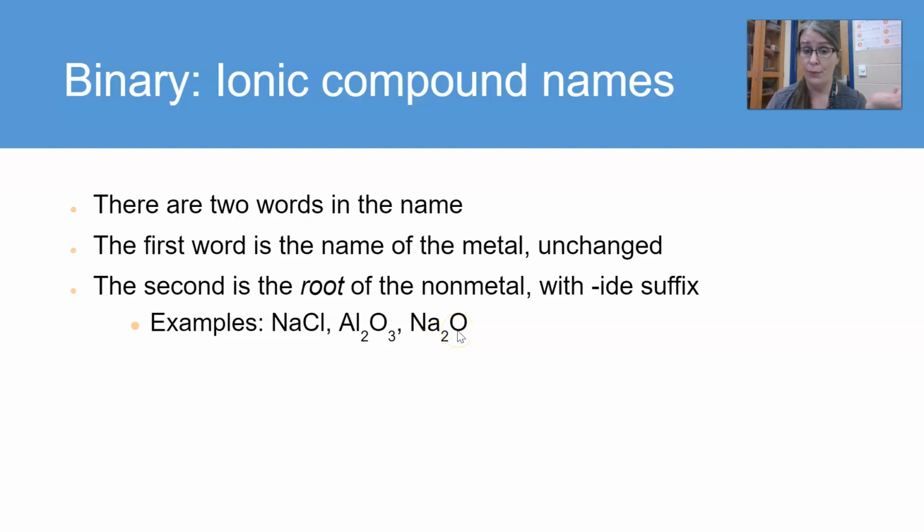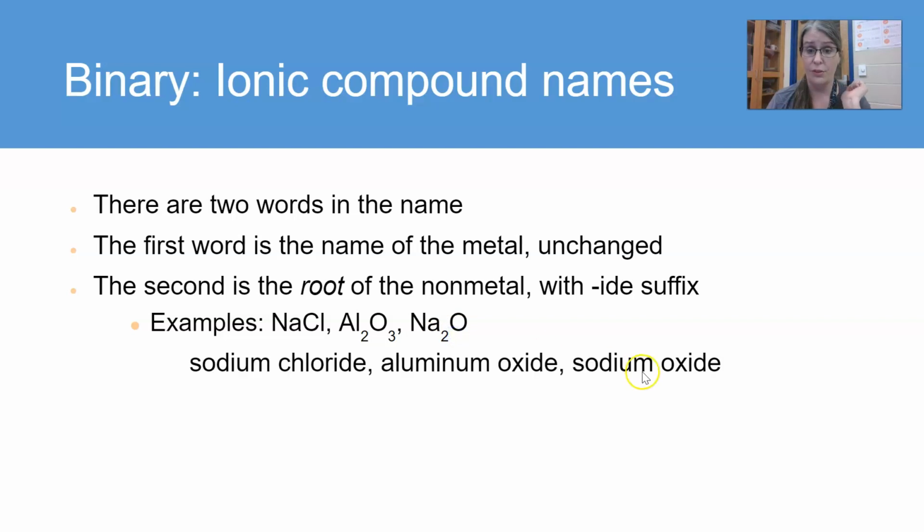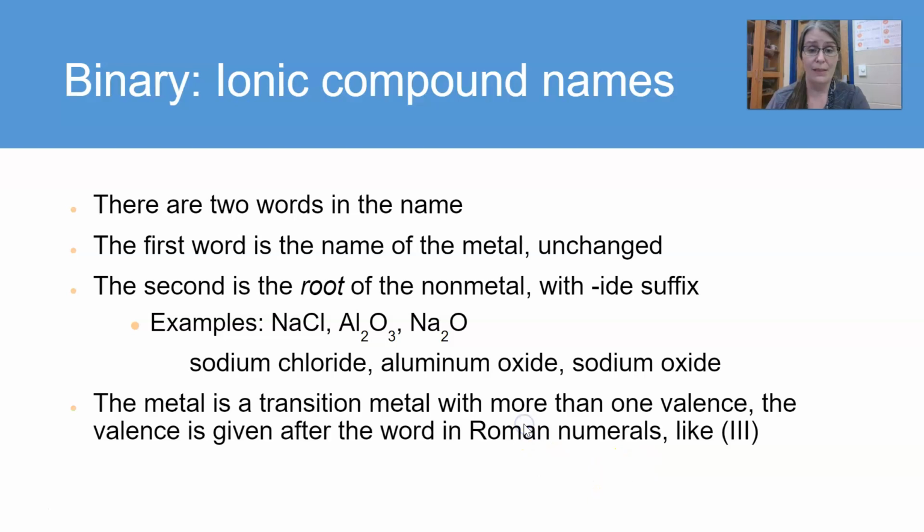And again, we take the root of that nonmetal with the ide suffix, so that's just sodium oxide. Now, when we talk about molecular compounds, we'll see that they have similar rules, but they have some pretty different little things in there. So when something is ionic, we have to use these different rules.